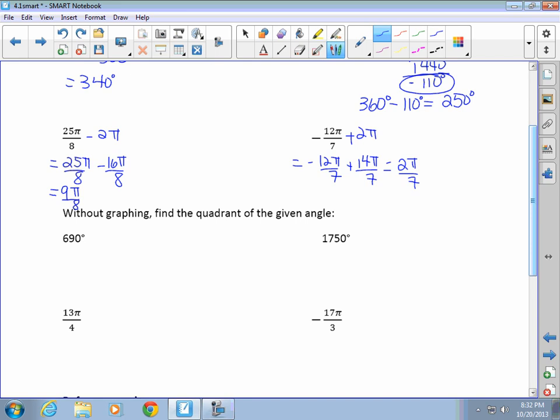So 690 degrees, I know it's not quite 2 full rotations, so I'm just going to subtract 360 degrees from there. So that leaves me with 330 degrees. That's between 0 and 360, so that means that it's within the range of a principal angle. 330 degrees would be in quadrant 4.